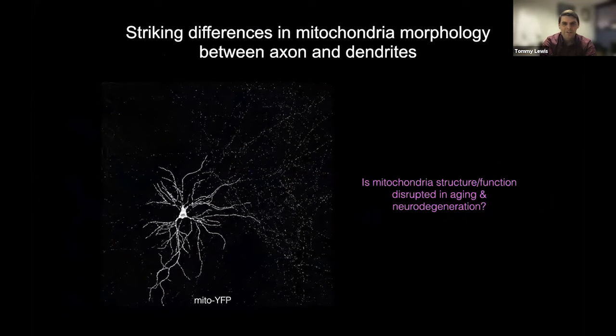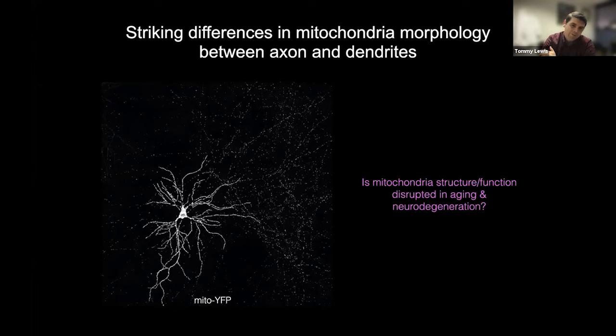So now I want to switch lanes a little bit, but really this inactive pool of dendritic MFF has got us thinking about this in a different light, and really wondering if having this inactive pool of MFF there is maybe a source of some of the problems we see in aging or neurodegeneration, leading to increased mitochondrial fission.